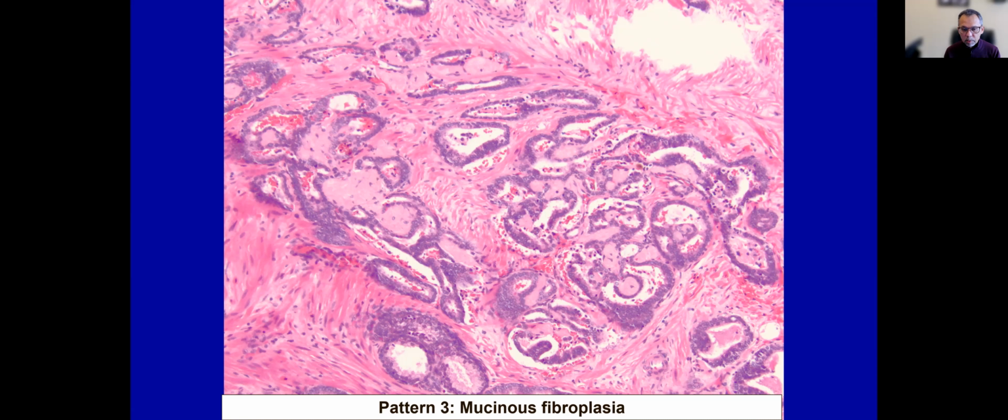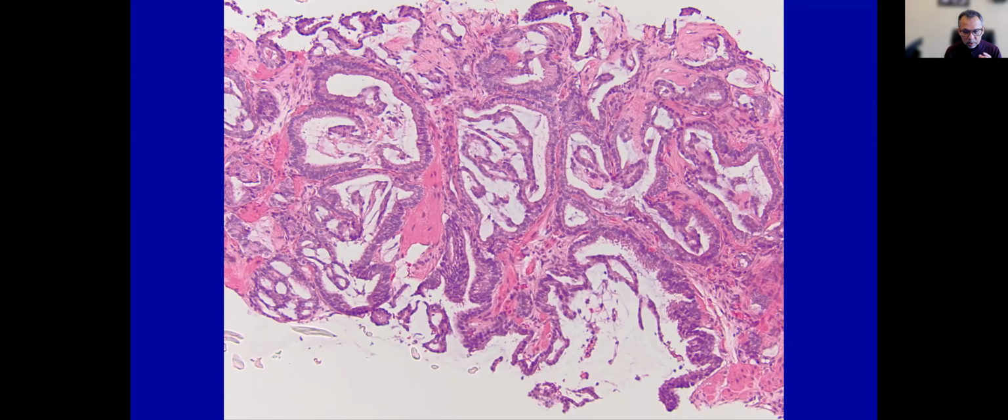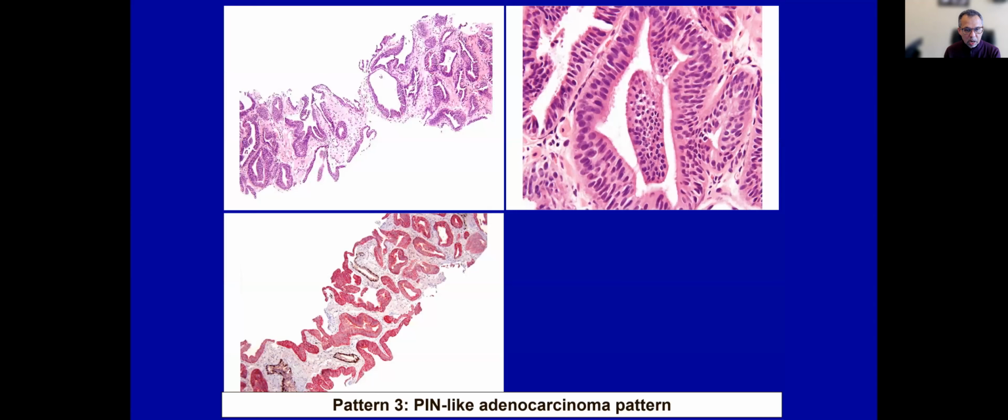So most of the time it's going to represent pattern 3, but sometimes it can produce quite complex architecture like this one. So I would consider this as evidence of some pattern 4, but I would not call cribriform pattern 4 when I see this type of mucinous fibroplasia prominently displayed.